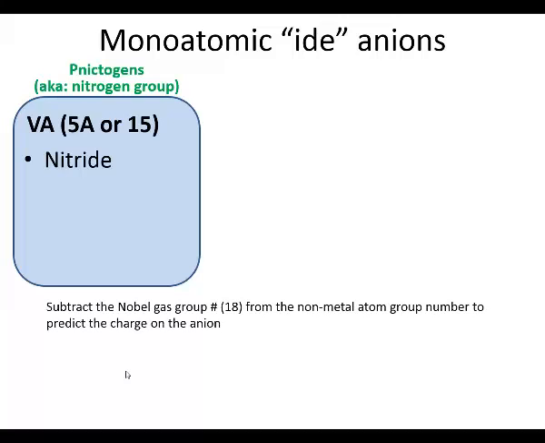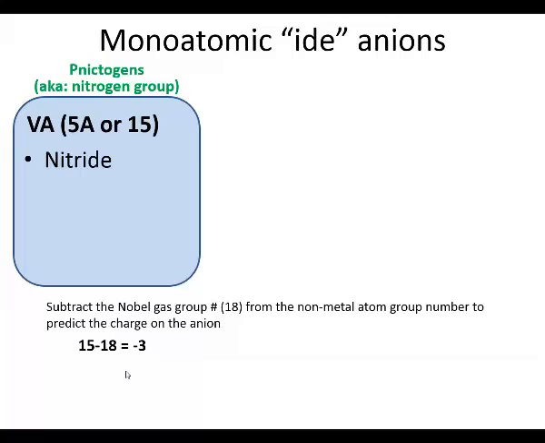Now, if I want to calculate the charge on nitride, I look over at the noble gases. The noble gases are the last column to the right on the periodic table, that would be group 18. So if I take 15, which was the nitrogen group's number, and subtract the noble gas number of 18, that difference would be a -3.